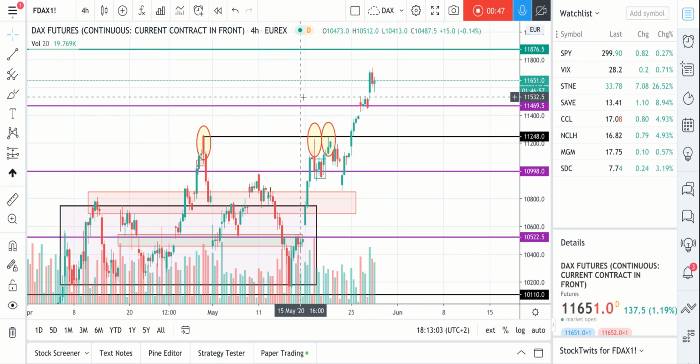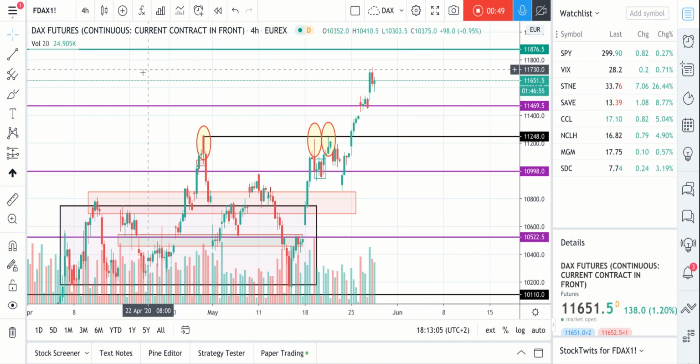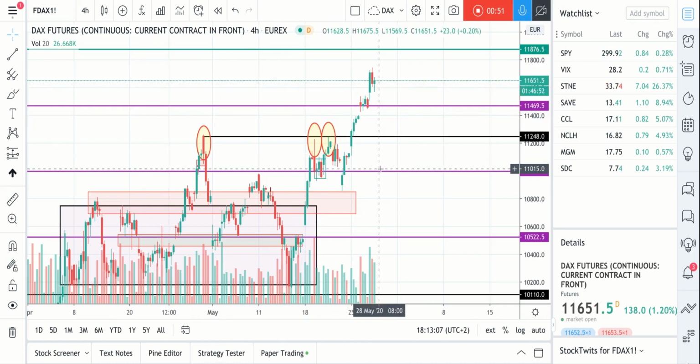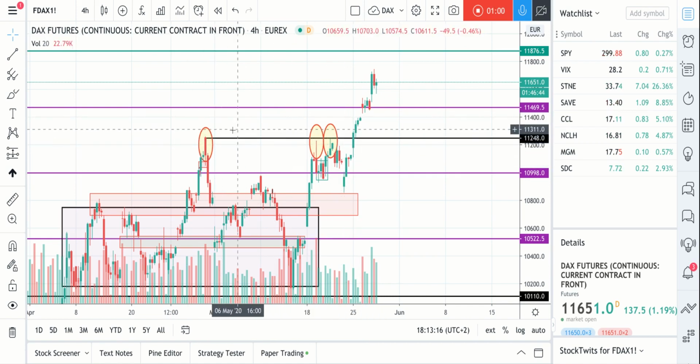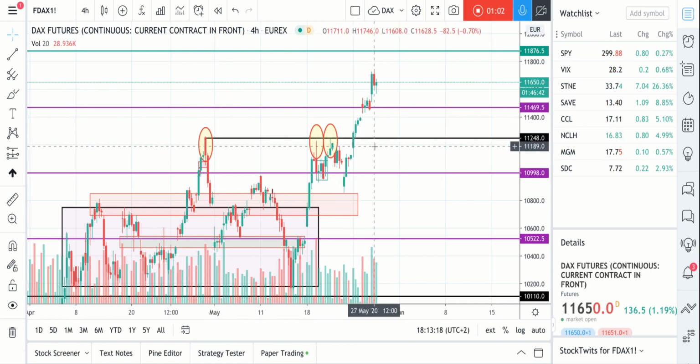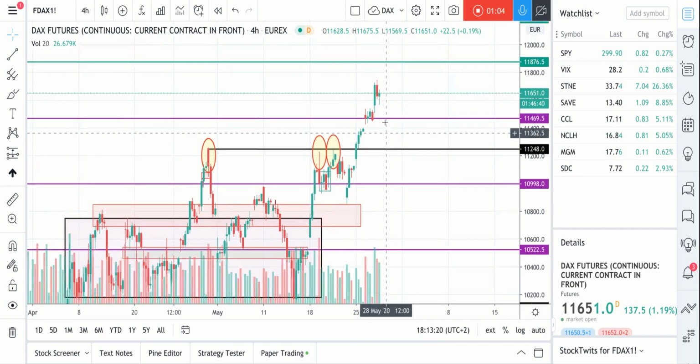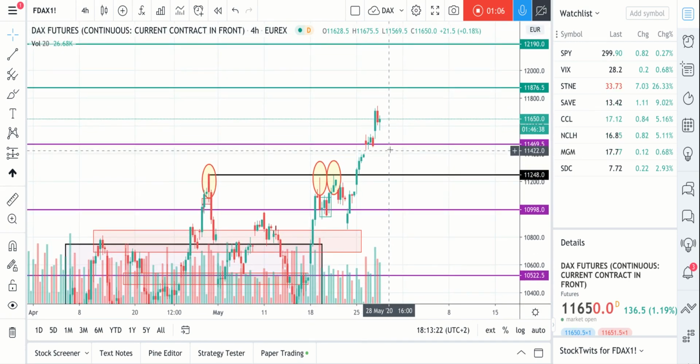I usually start my day looking at the higher time frame. This is a 4-hour chart, so we can see in the last few days the market is in a strong uptrend. We've broken this triple high, as I mentioned in the previous video last week, and my expectation was for the market to go at least around here.